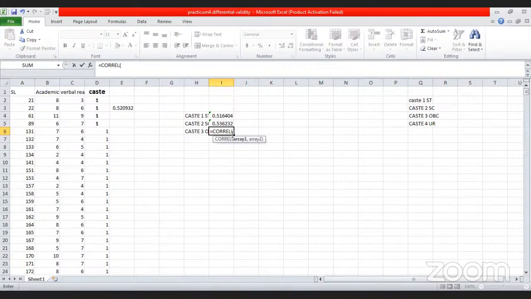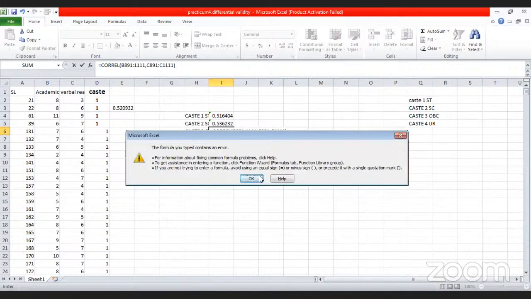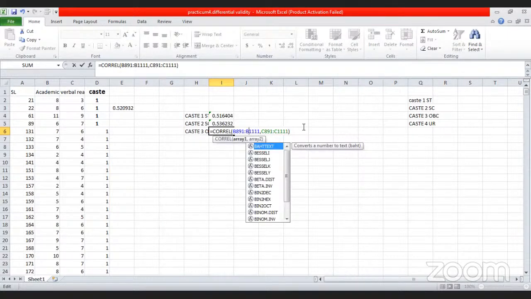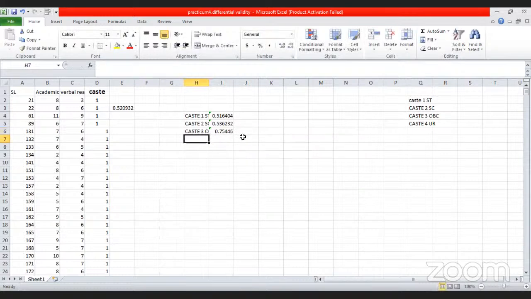So it's 91. There is missing B there. Yes. So it is 0.75 for caste 3.